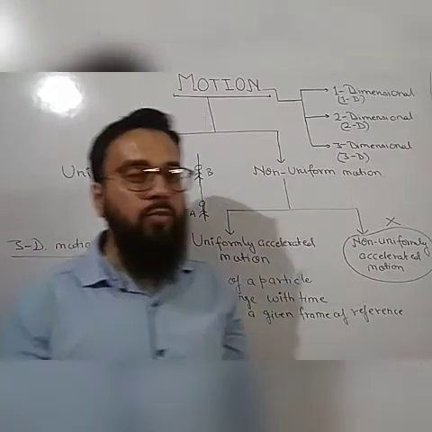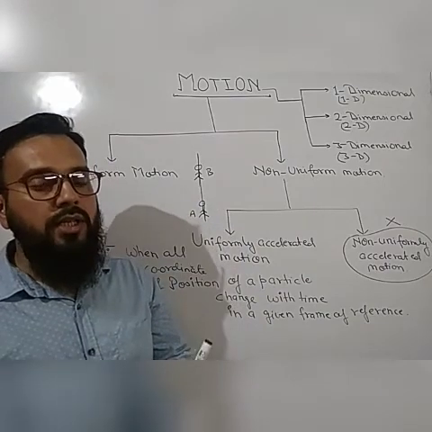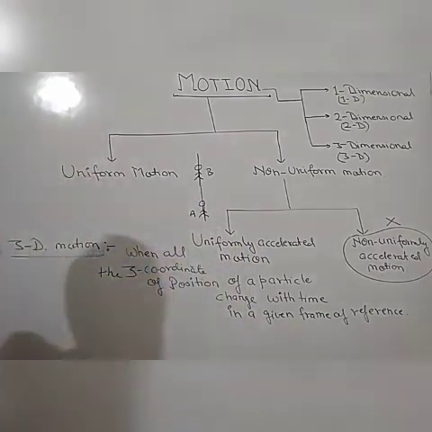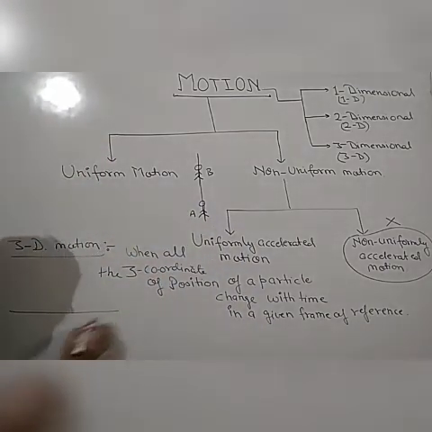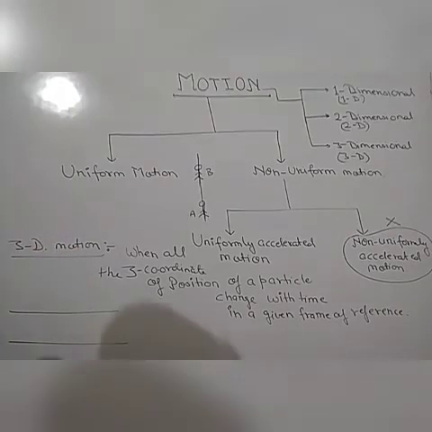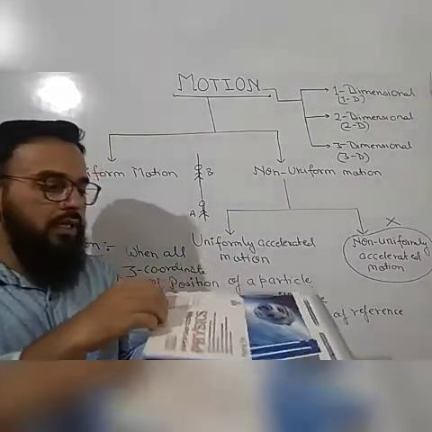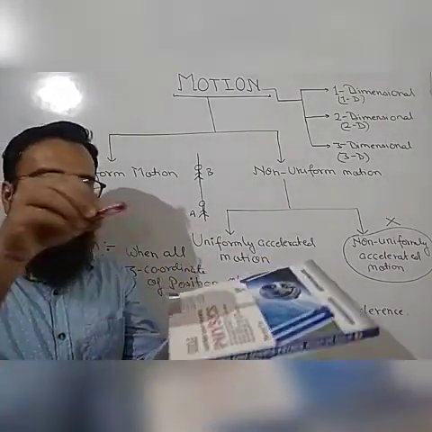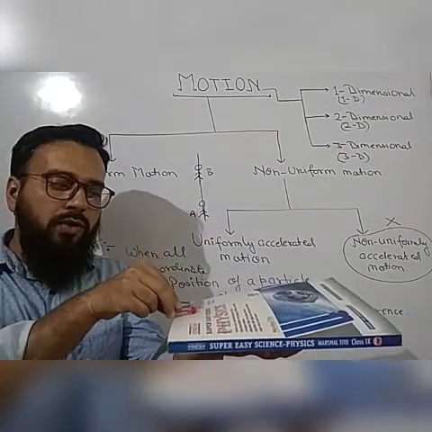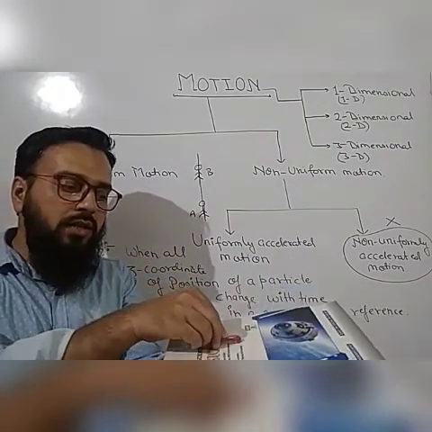So until it is moving on the runway, that motion is one-dimensional motion. Let us take the example on this book also. Suppose there is a runway. This is a plane. It starts moving from this point. So it will move in a straight line on this runway.